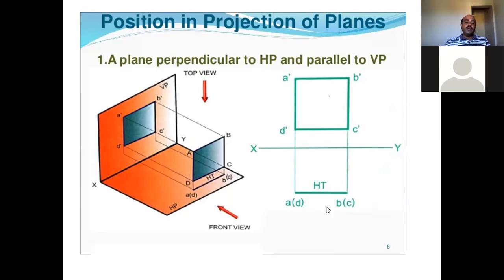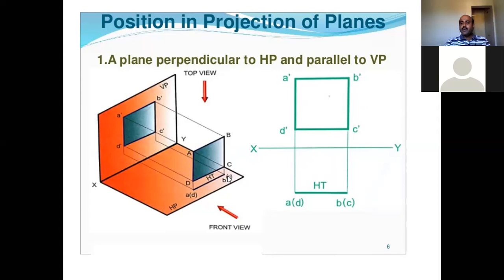Right. So the same square, which is being observed from the top view, you can see only the line AB because it does not have a thickness. It is a plane. So line AB, and you can see the same thing being projected over the horizontal plane over here.